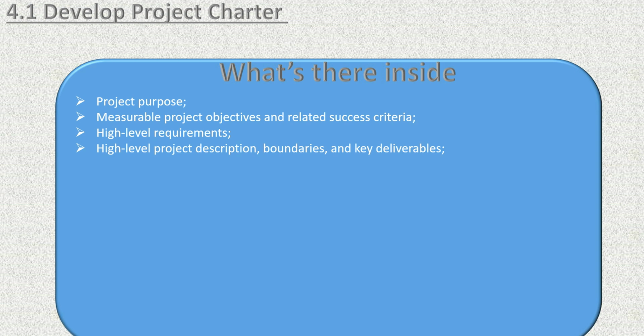Okay, so why do we need boundaries here? Why do we need to specifically mention the boundaries in the project charter? That's because whenever we are going to plan the scope of the project, we have to have a clear idea what this project is about and what this project is not about.